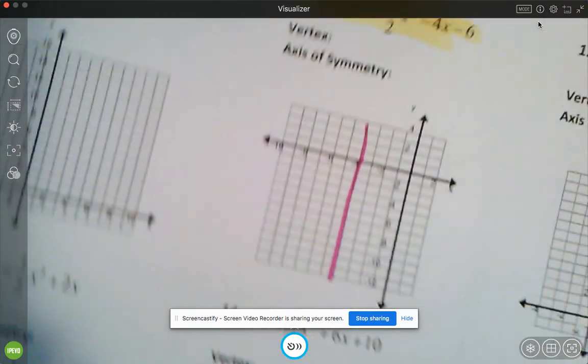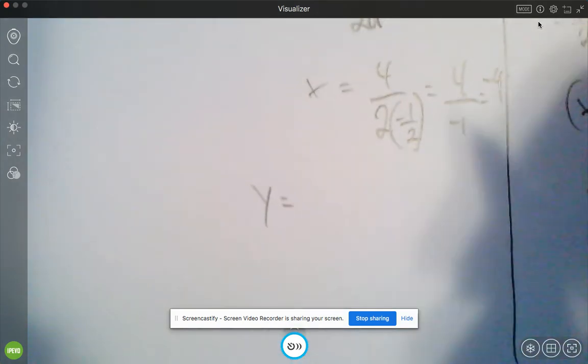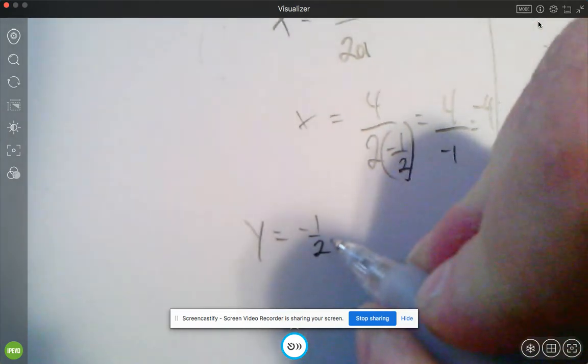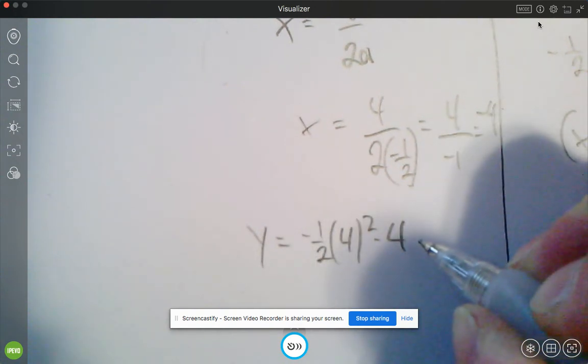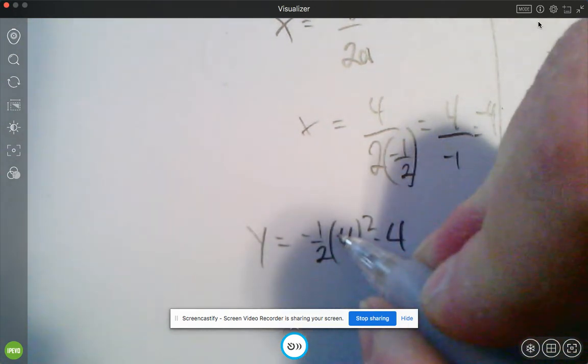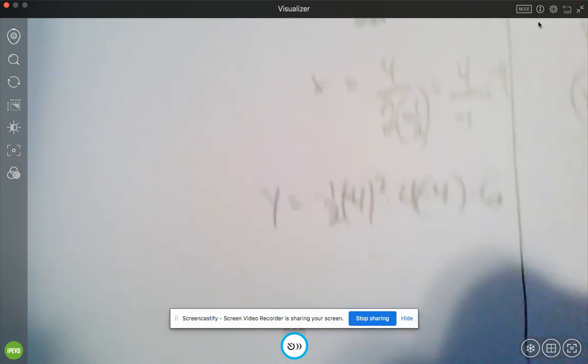All right, so now let's get my y value. So I go y equals -1/2 times -4 squared minus 4 times -4, sorry, -4 minus 6.